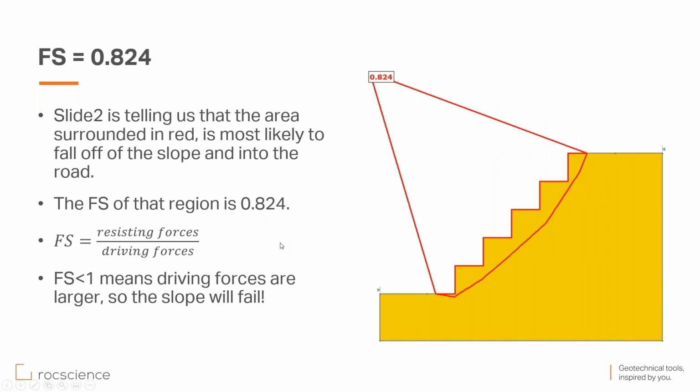As we know, the factor of safety is the ratio of resisting forces to driving forces, resisting forces being the ones that are holding the slope together, and the driving forces being the ones that are trying to pull it down, such as the weight. So in this case, the factor of safety is less than 1, meaning that in theory, this slope will fail.